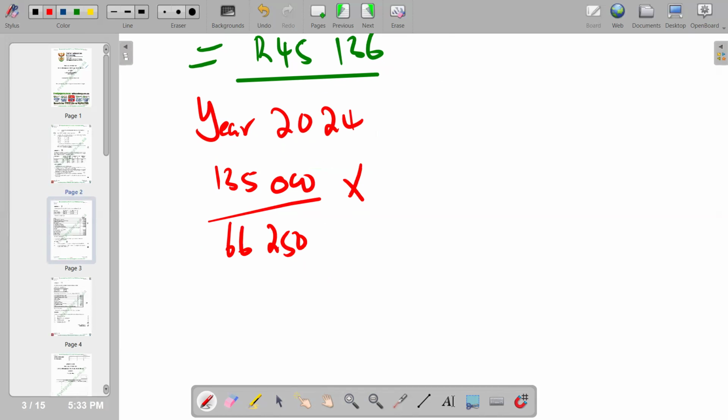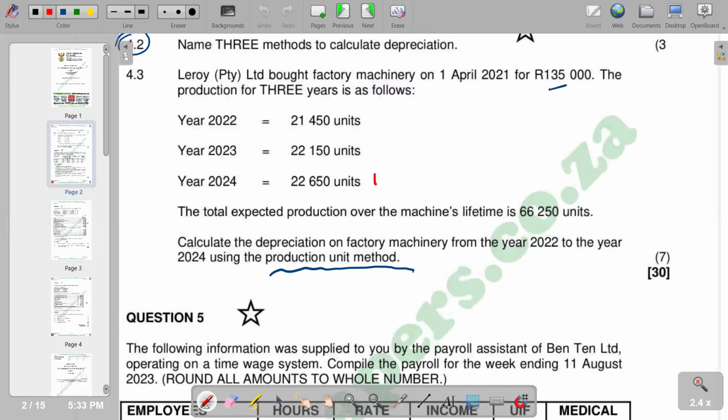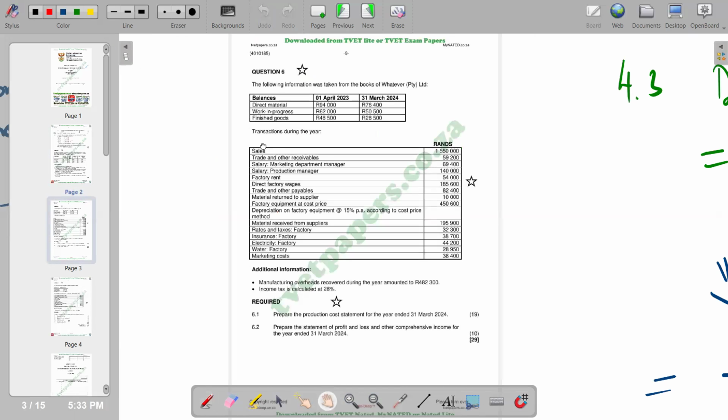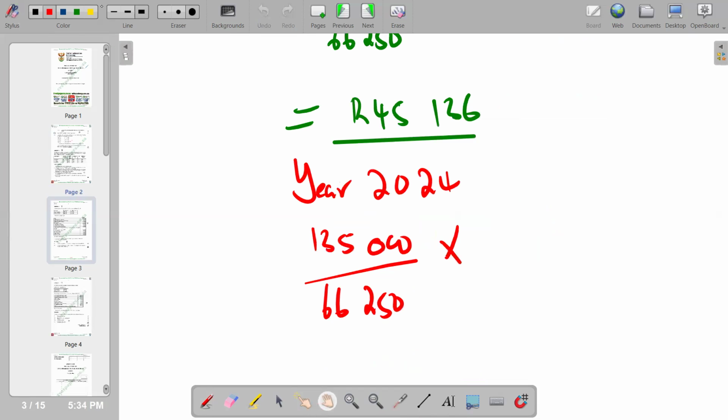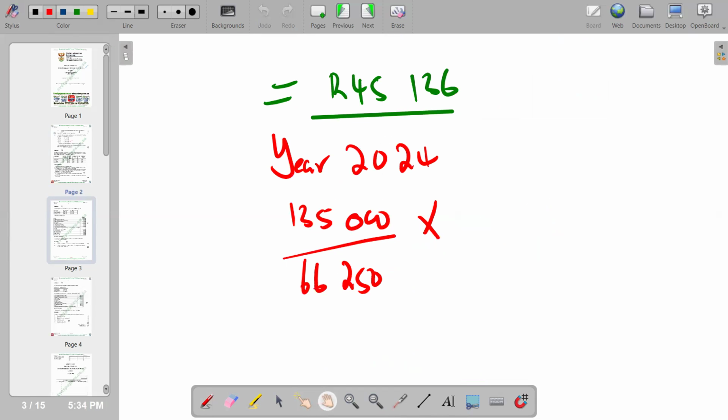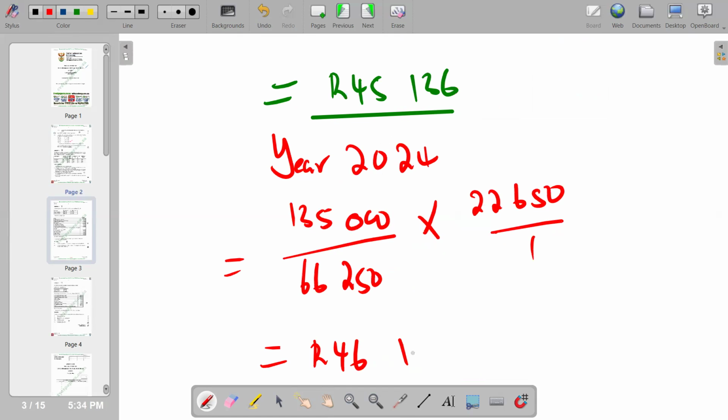Then we multiply by the number of units for 2024, which is 22,650. If you calculate it, you're going to get your answer as 46,155. So basically, that's what we have on that part.